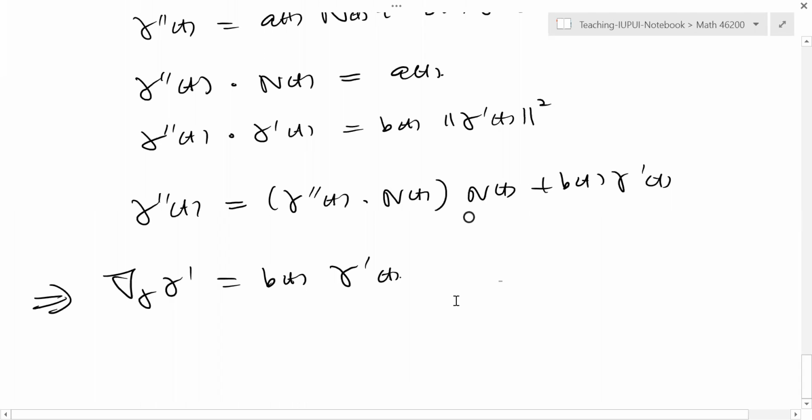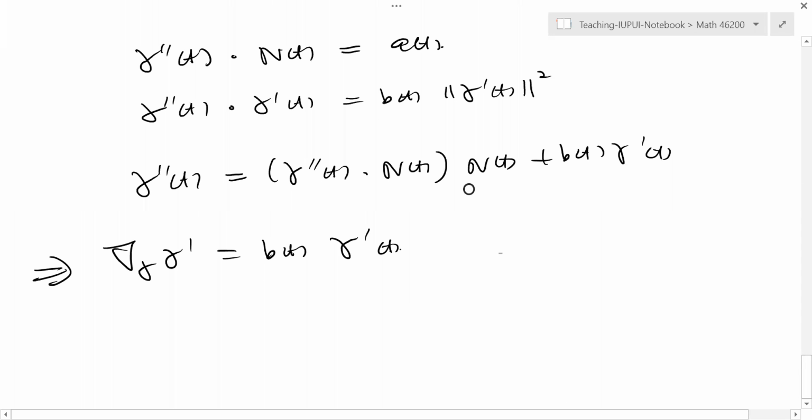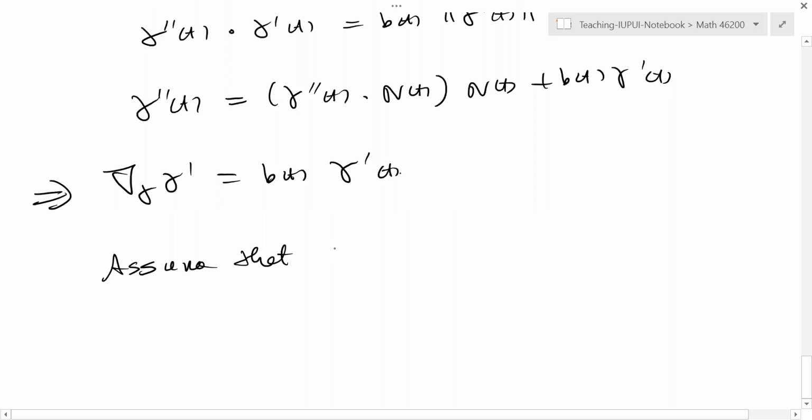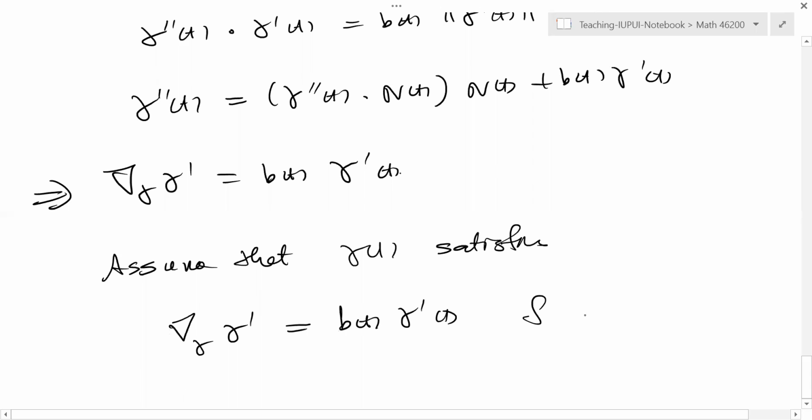So now we assume that gamma of t satisfies this for some B of t.